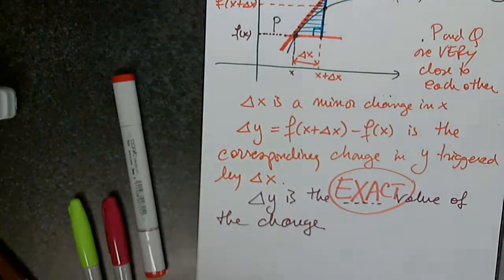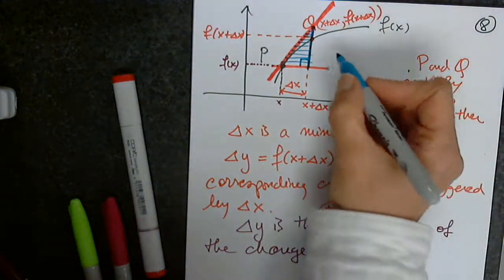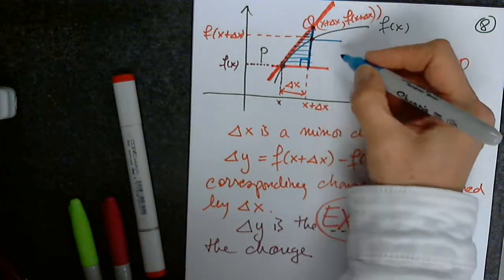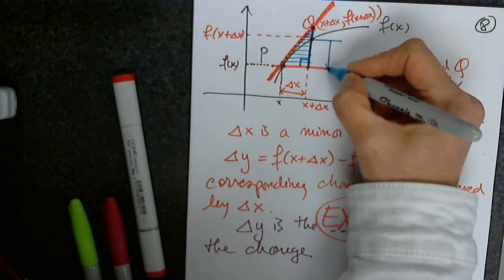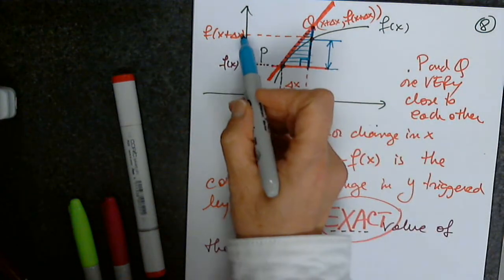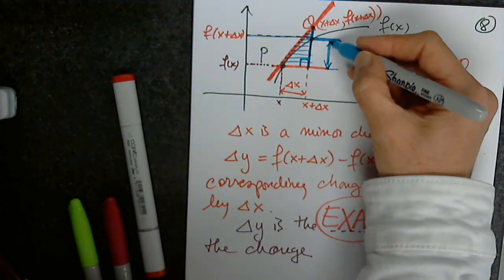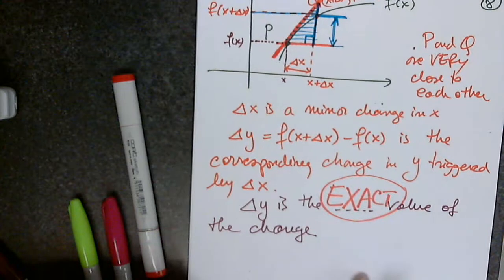I created a right triangle. Excellent. One more time, what is this piece? Not till here, but till here. What is this piece? Right, the exact one, which is?